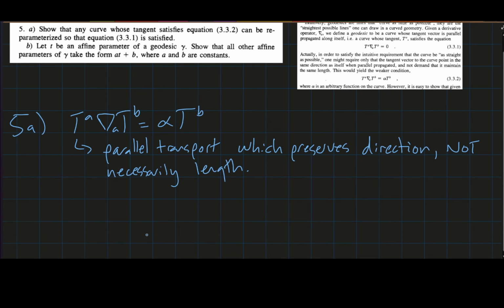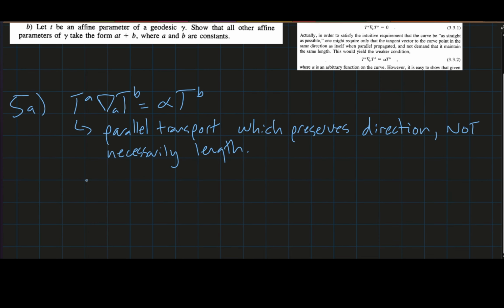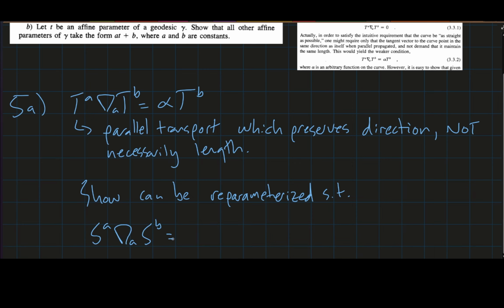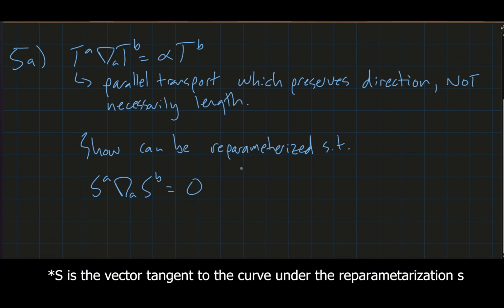And what we want to do is show that this can be reparameterized such that S^A nabla_A S^B is 0, where S is going to be our new parameterization. I'm going to put a star on this because I will reference back to it later.